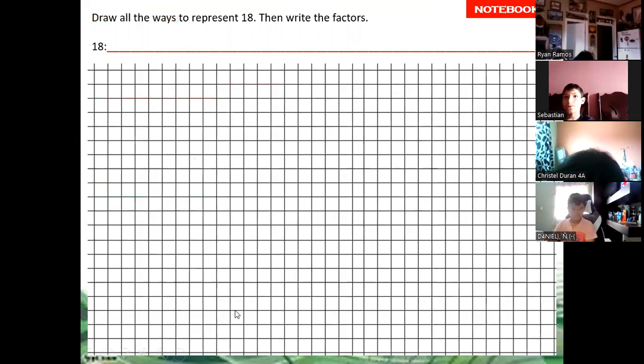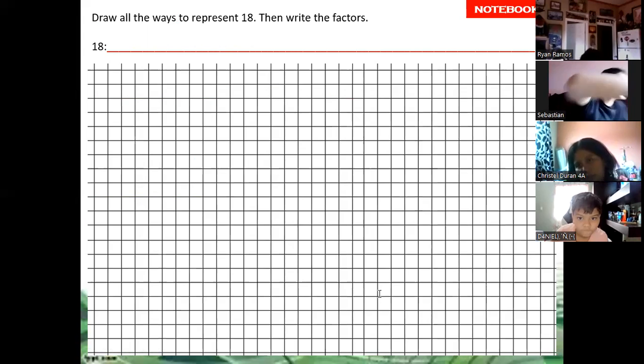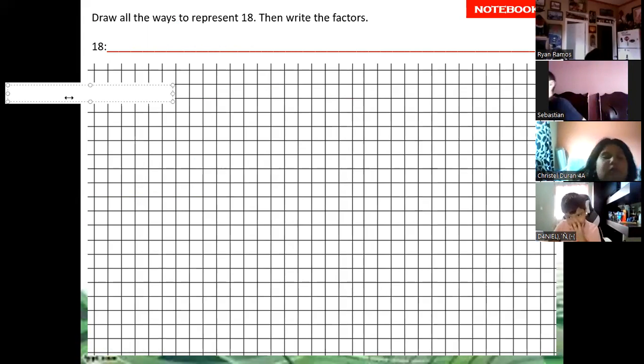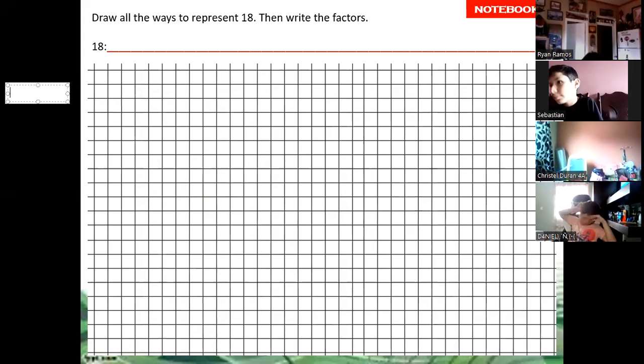Another one, 18. Factors, guys. Get me factors that equal 18. Factors are the numbers I multiply. 2 times 9, 18.